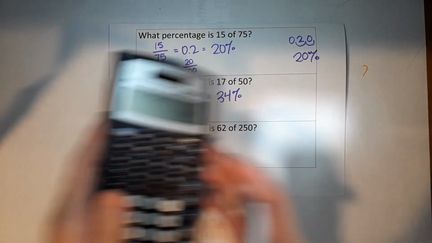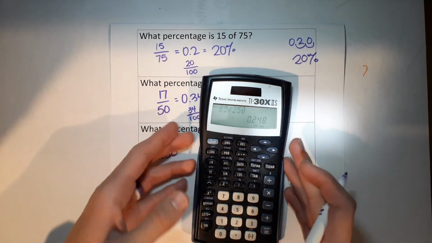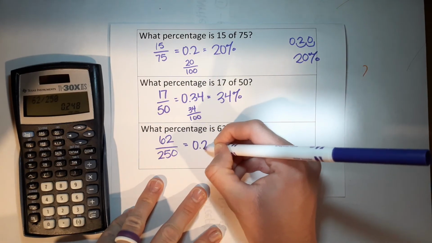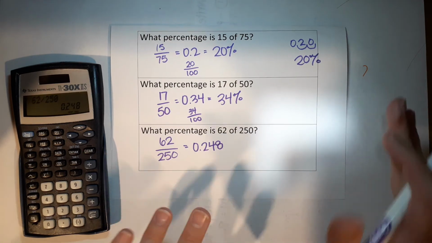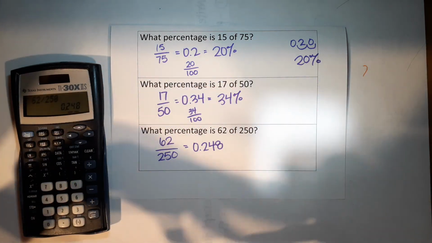Okay. What percentage is 62 out of 250? Okay. I am just plugging this in here. And I get 0.248. Okay. Now, it says to round to the nearest tenth, but I'm going to wait until it's already a percentage.